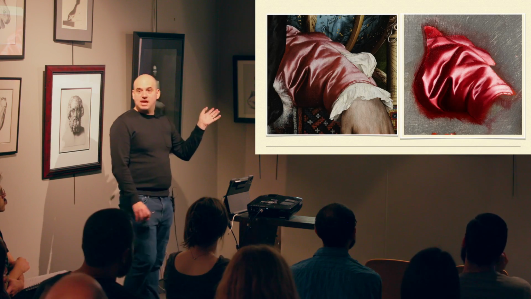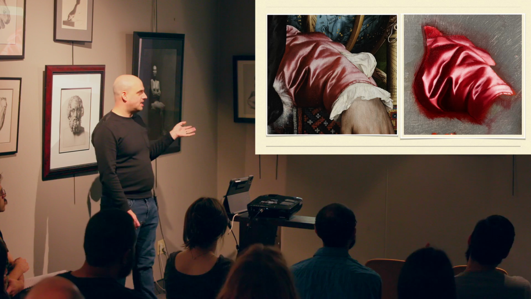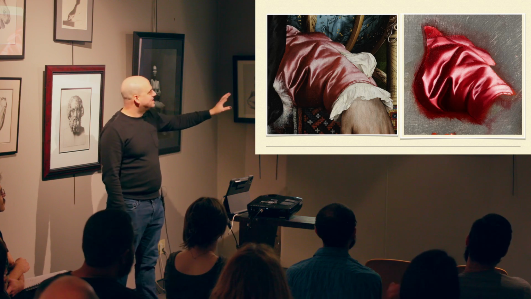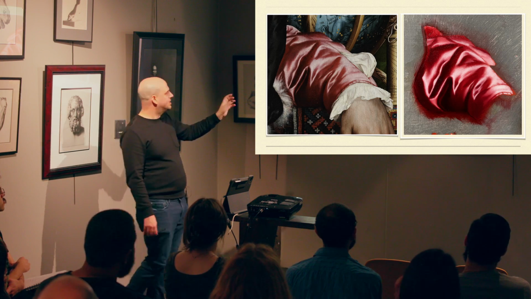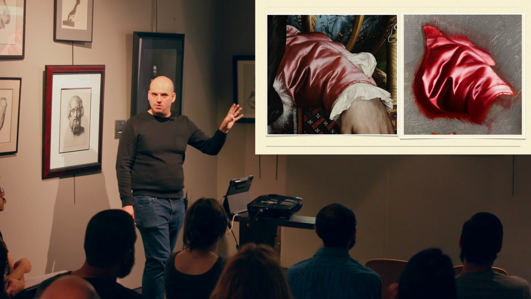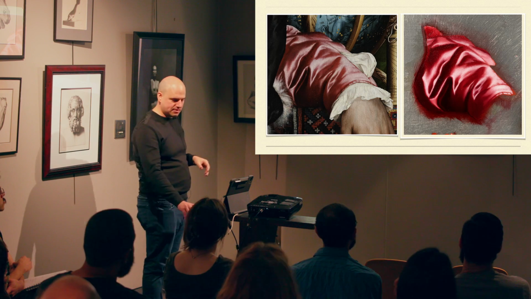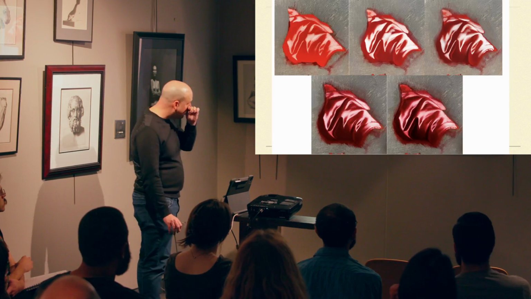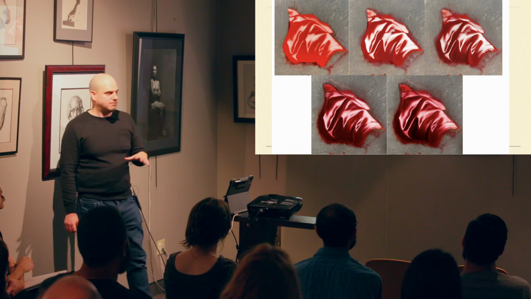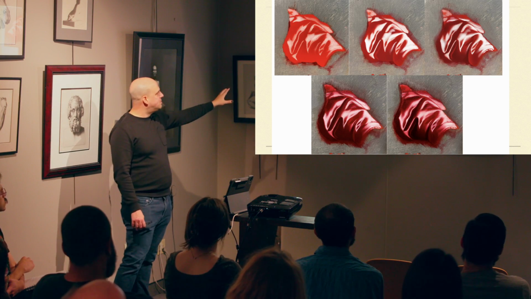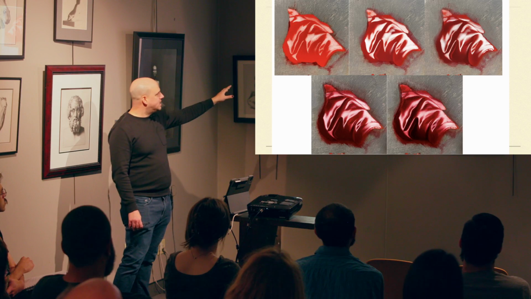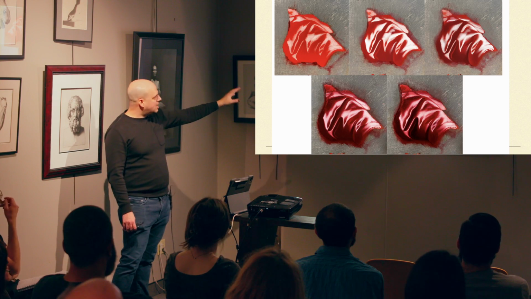So on the left-hand side we have Holbein, on the right-hand side we have me, and this is my attempt, after doing some research, to replicate what was going on with the sleeve here. This was the progression of the sleeve. We can see starting from a very high chroma and very shapy beginning with layering of glazing.